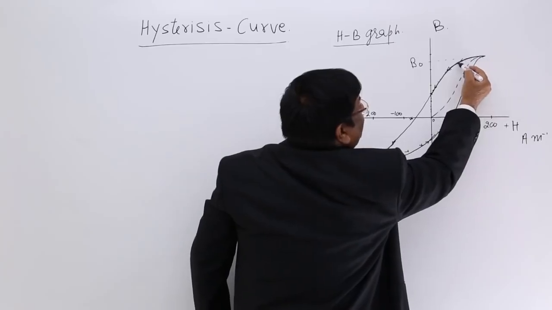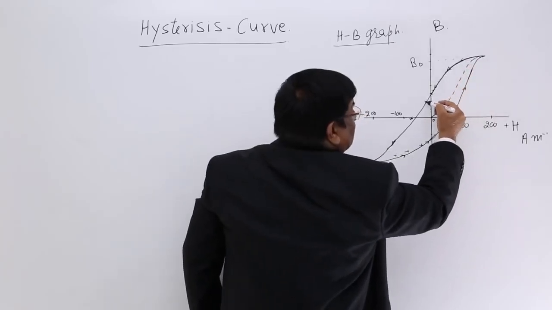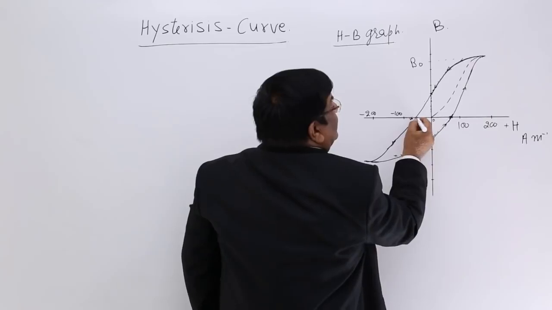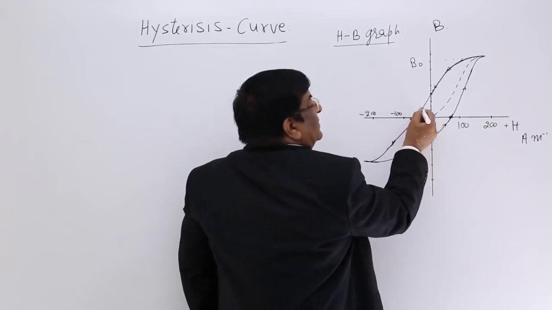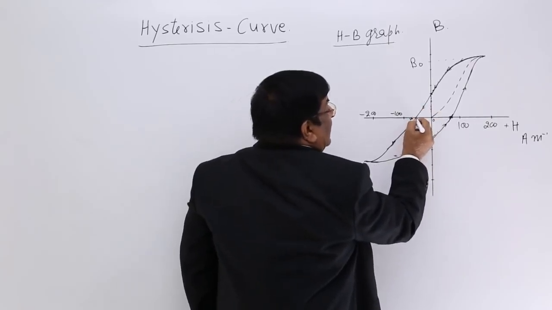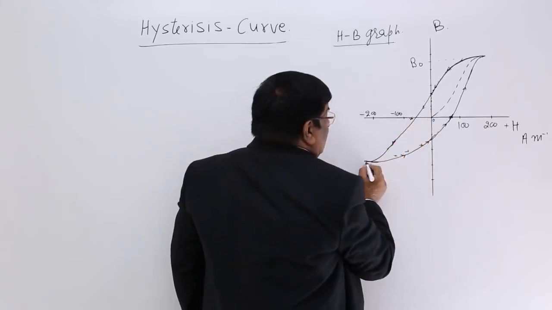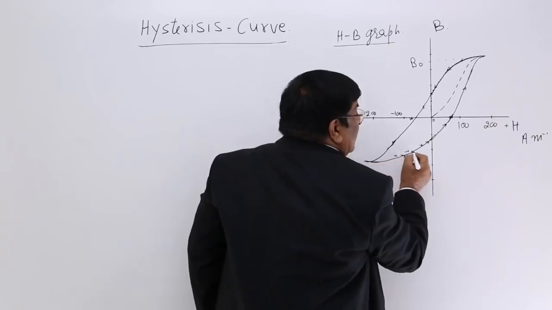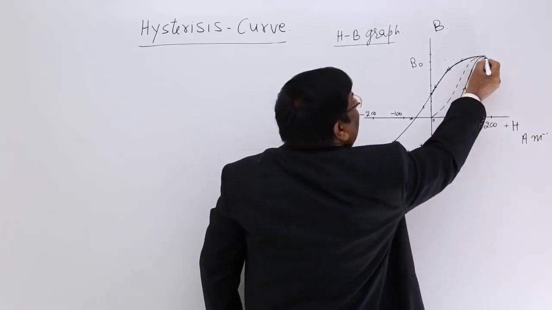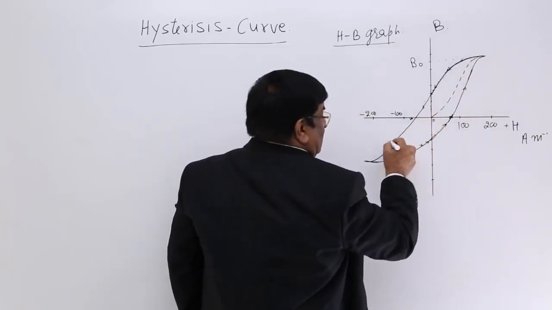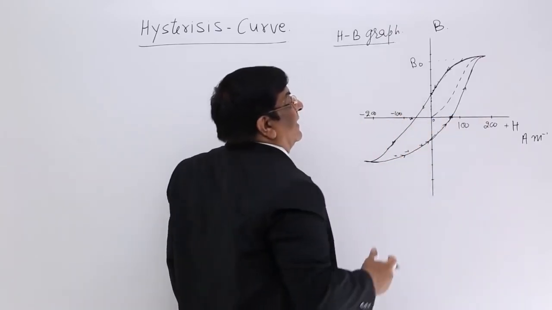Now, this is demagnetization. Here, what is the value of B? 0. Demagnetization done. Again, magnetization in this direction. Magnetization. Again, demagnetization, magnetization, demagnetization.